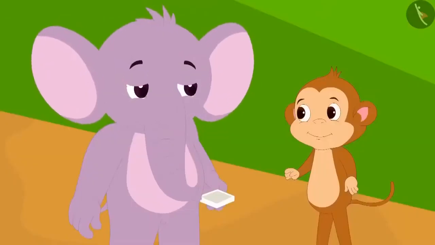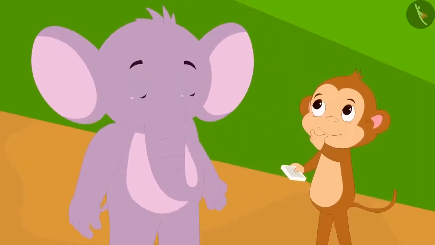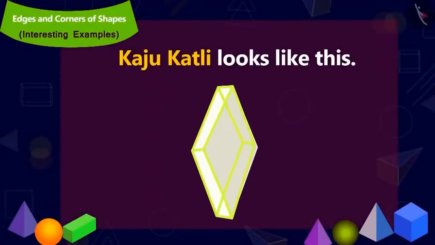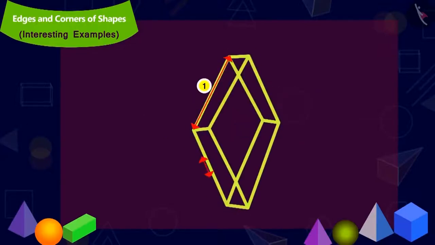Now Appu gave Babban a kaju katli. Babban thought for a while. Children, can you also, along with Babban, think how many edges and corners does the kaju katli have? A kaju katli looks like this. Can you say which are the edges of this sweet? Yes, these are the edges of the sweet.